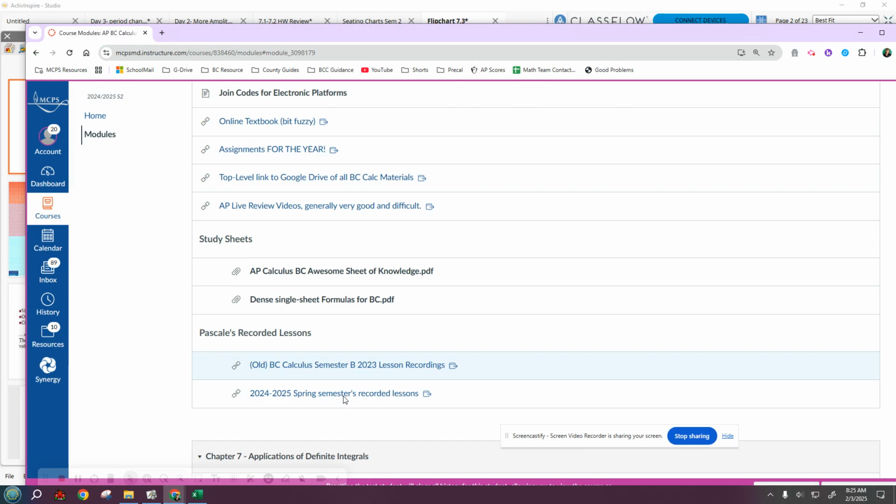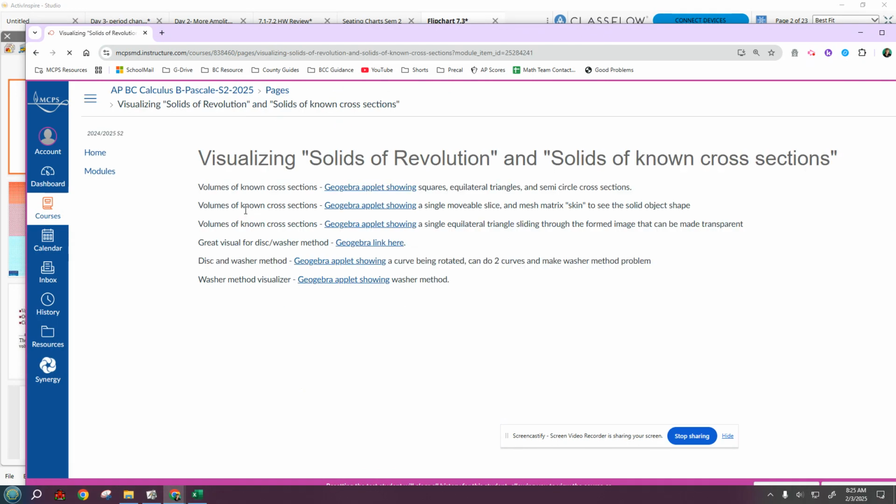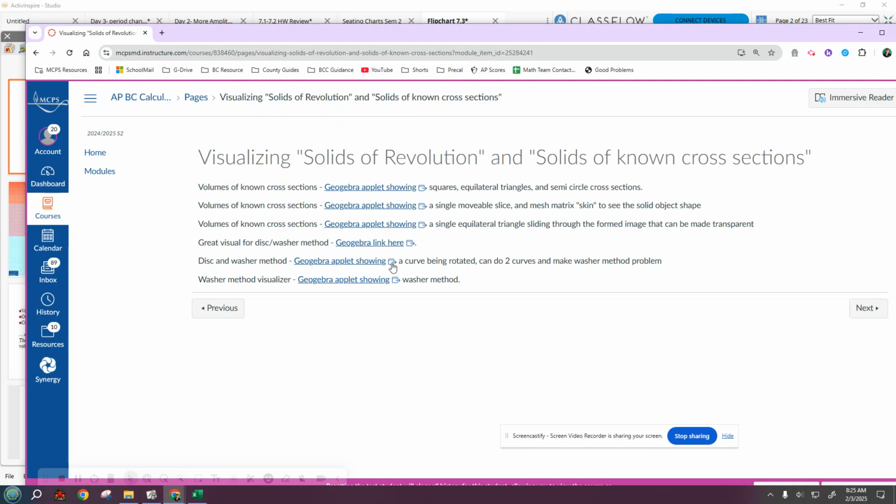If you go to Canvas, as usual, stuff is posted. This top link is different for this unit than others. I'm showing 3 different programs, or 5, whatever, 6, that will help show what's going on. And of course, we said squares, and that one doesn't do squares.